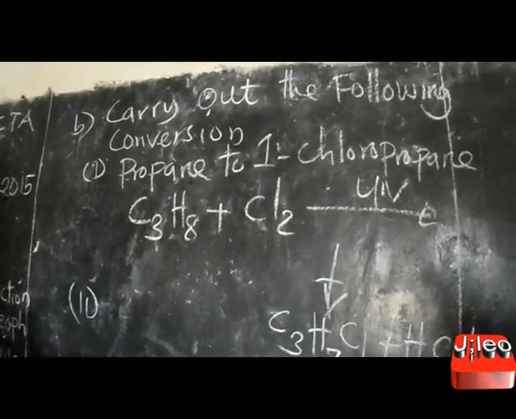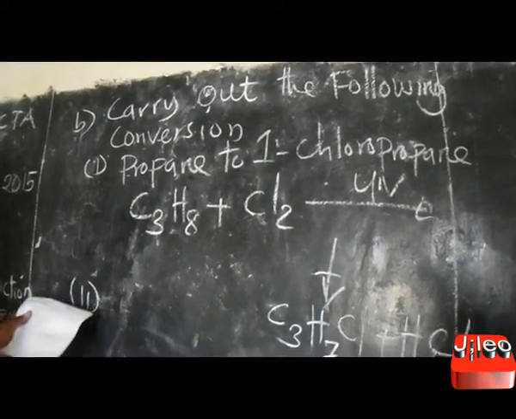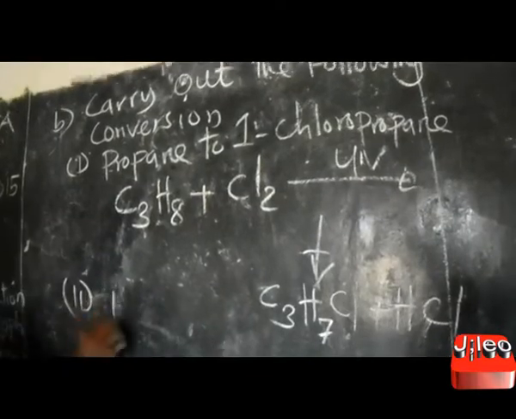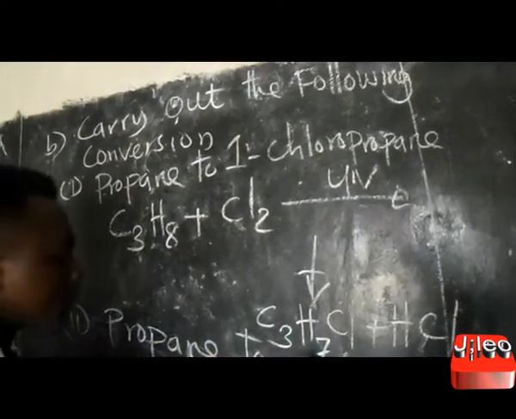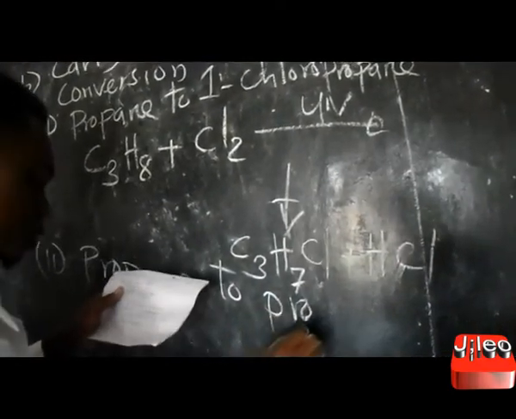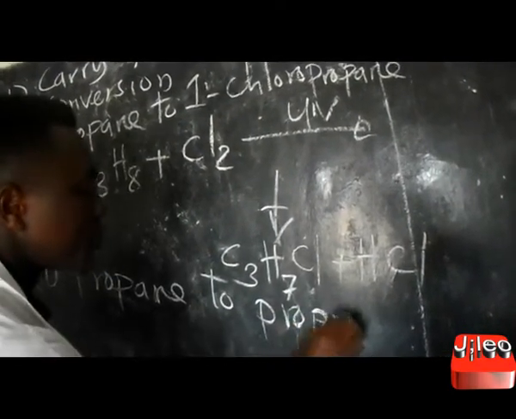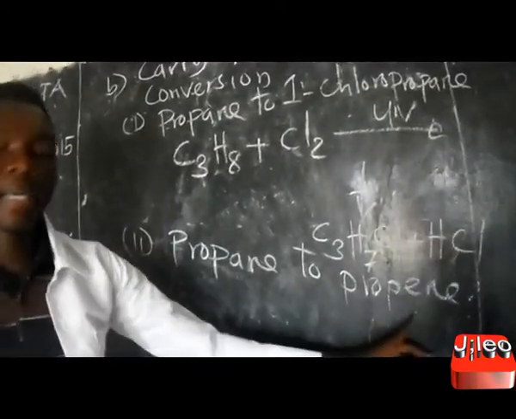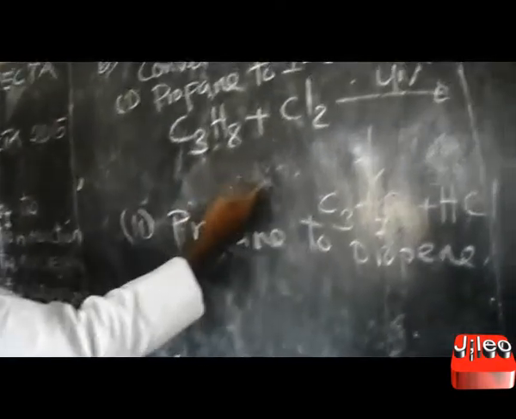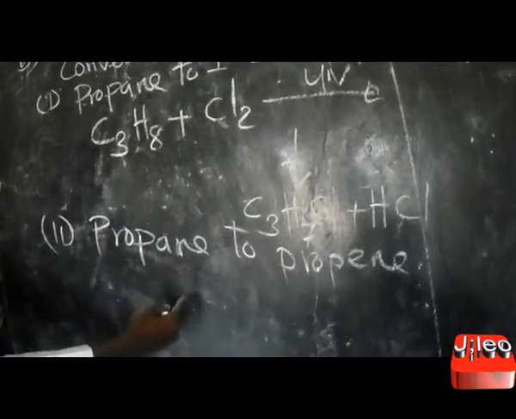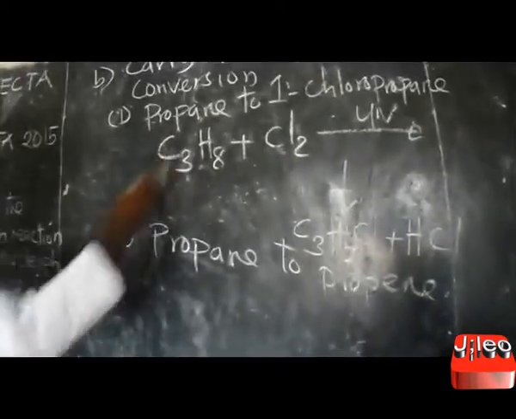Then coming to Roman 2. Our conversion is talking about converting propane to propene, meaning converting alkane into alkene. So what we have to consider here, the same process would be done. We are going to apply the same condition at the first step.